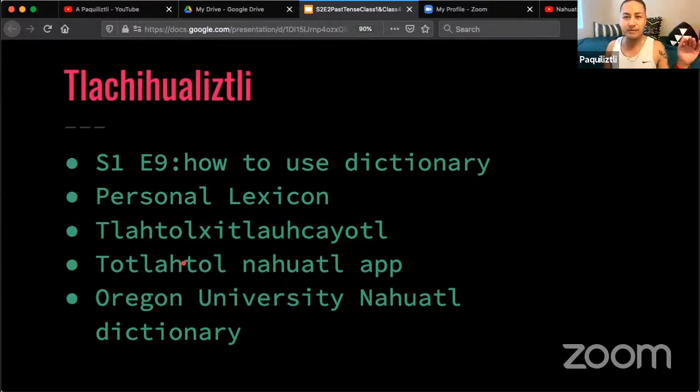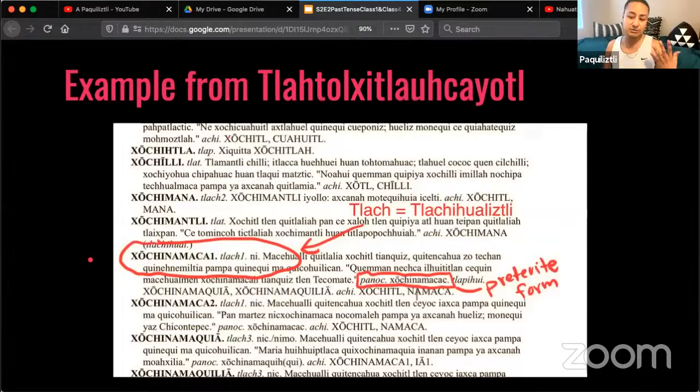If you remember from that lecture, I told you Personal Lexicon, the Tlahtol Xitlahcayot, the Totlahtol Nahuatl app, and the Oregon University Nahuatl Dictionary. Those were the 4 dictionaries that I was recommending at that time. And so I'm going to go through an example of each of them of how you find that information. If you remember, I just told you that the word for verb in Nahuatl is tlachihualistli.